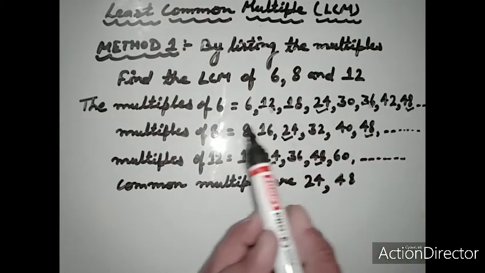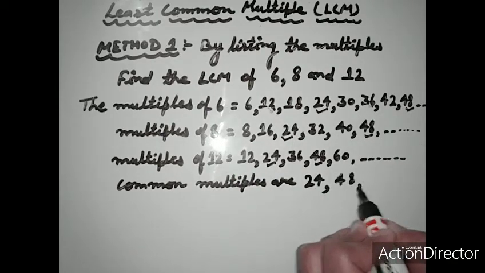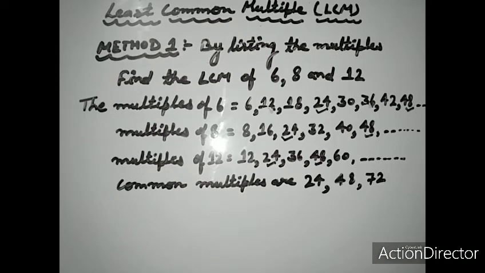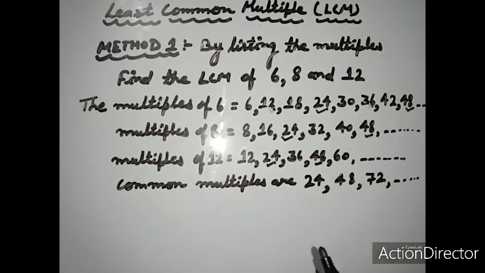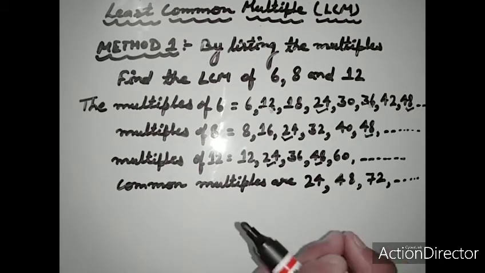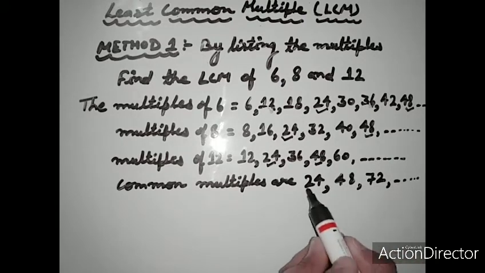Now when we find the other multiples of 6, 8 and 12, we get 72 also, right? And the other multiples. So dear students, you all know that out of all these multiples, we take the least one, the smaller one, right? Out of these three multiples, which one is smaller? 24.